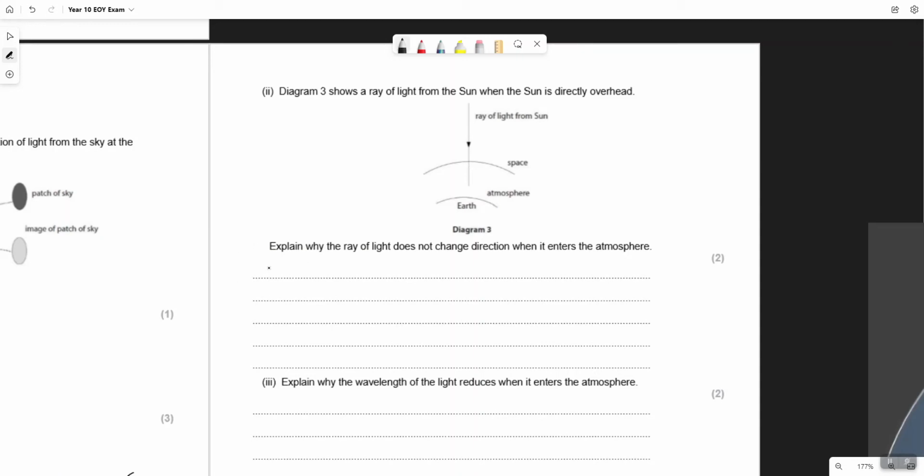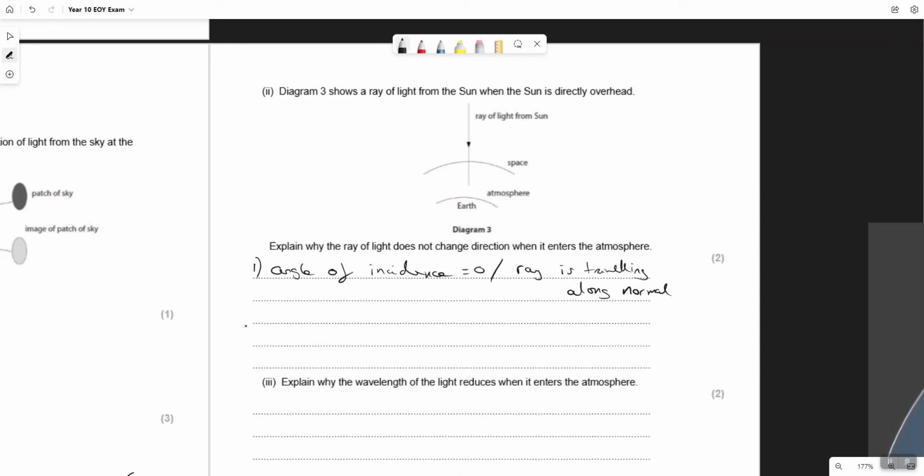So your first mark is for saying that the angle of incidence is equal to 0, or the ray is traveling along the normal, or at 90 degrees to the surface, or all the other things that it could be.